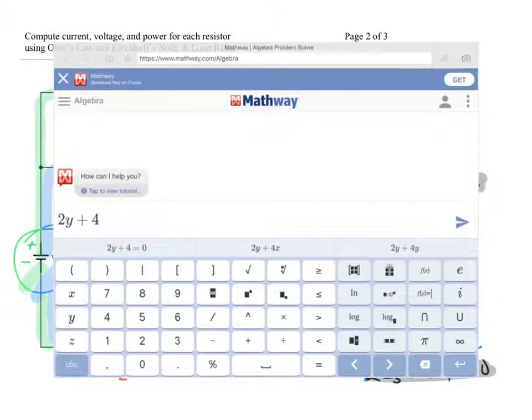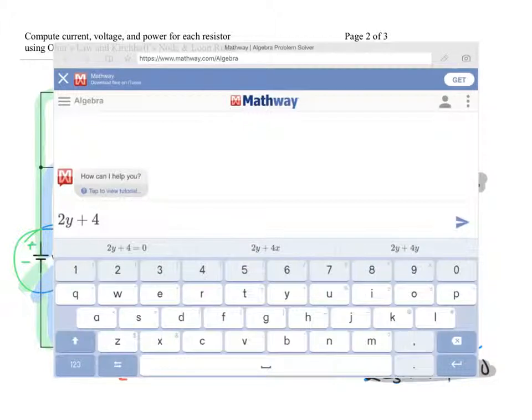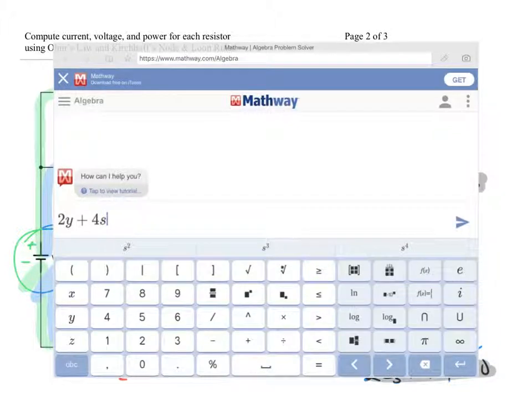That really stinks. Here we go. We'll call that S. And that was equal to 5.